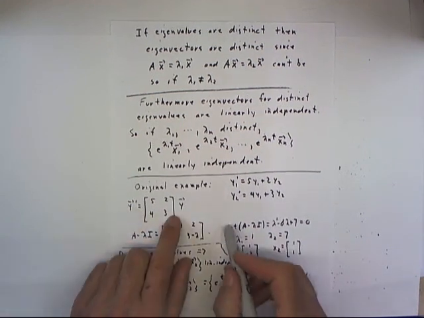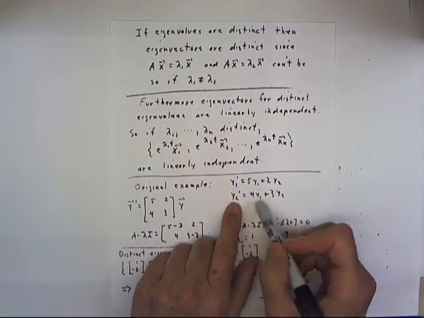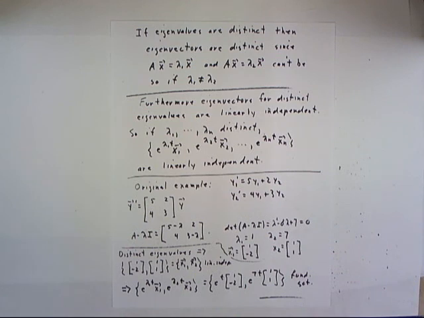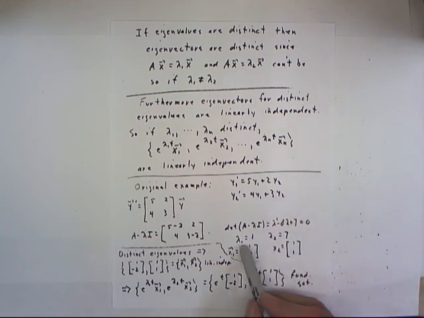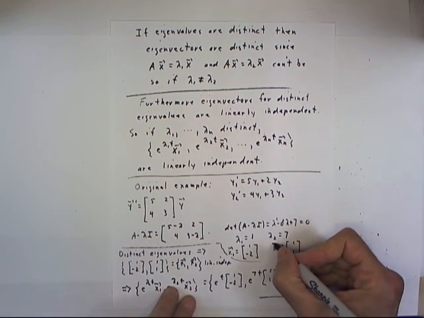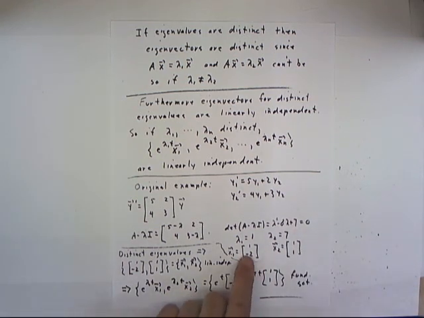Returning to our original example, which we just talked about at the beginning of the preceding clip, we've got these eigenvalues and these eigenvectors. Of course, the eigenvalues are distinct, so we know the eigenvectors have to be distinct, and x2 is a vector, and I need to put an arrow over that.